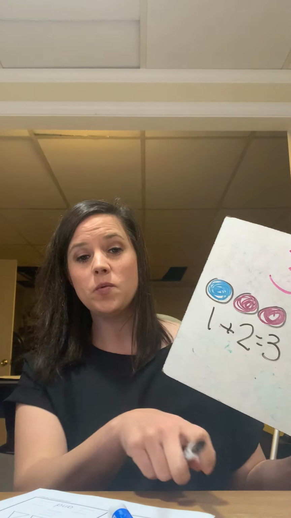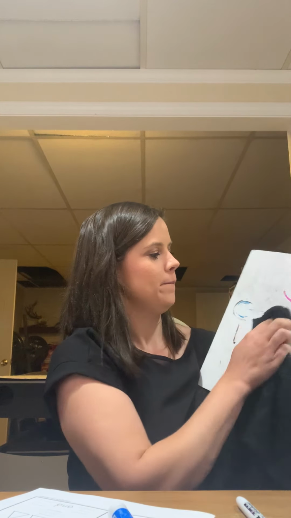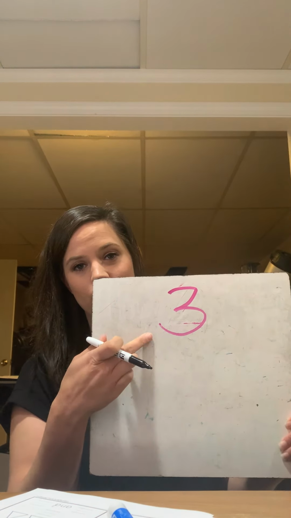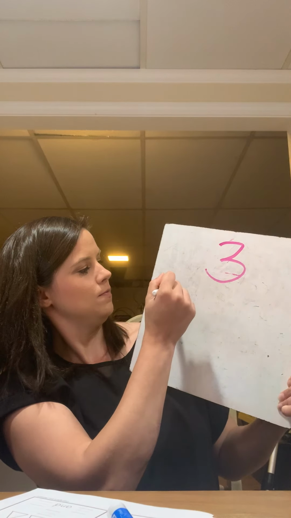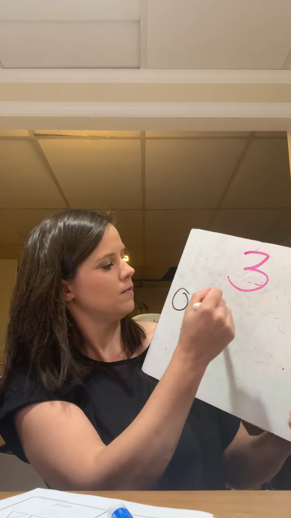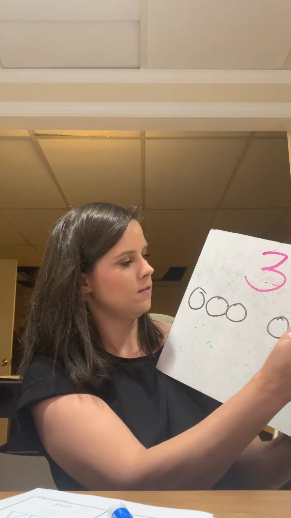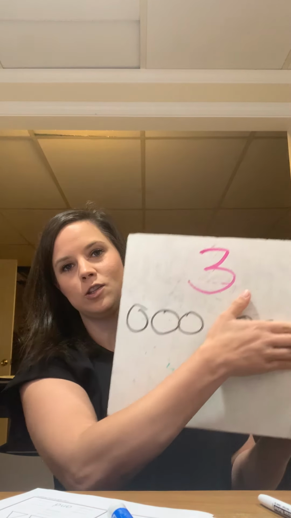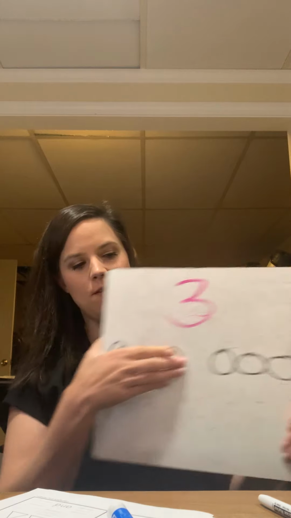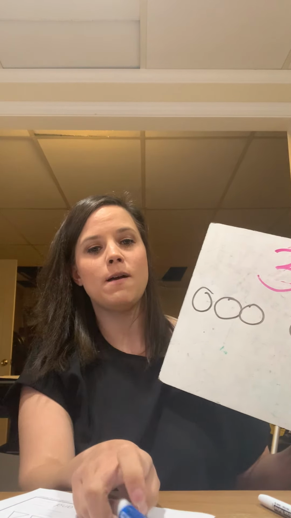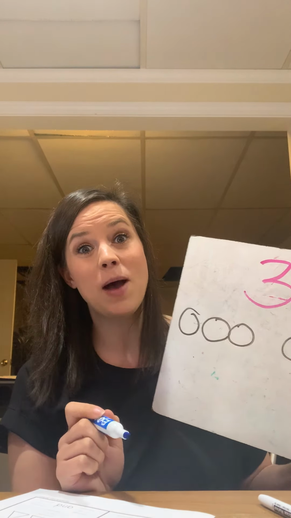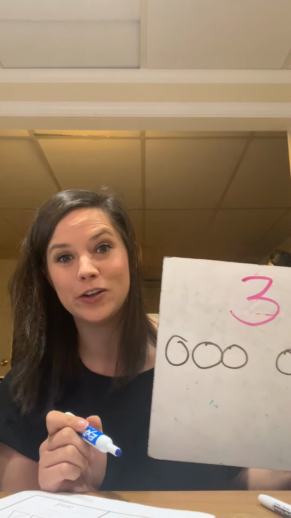So there's a few more ways to make a 3. Let's try some more. Do you remember how many circles I have to draw? What number are we working with? 3. So I'm going to use my first color, and this time I'm going to shade all of them blue.